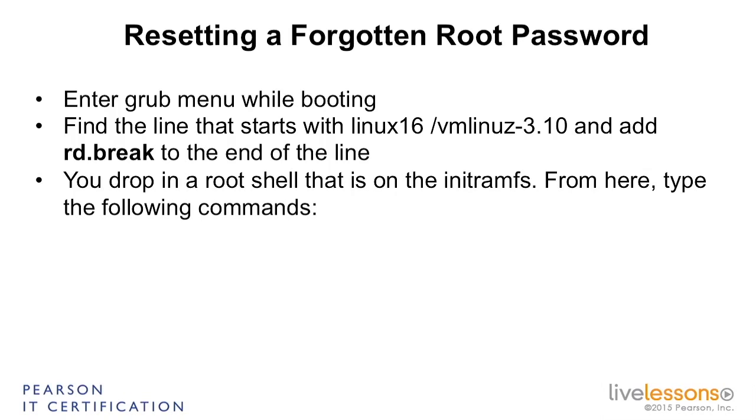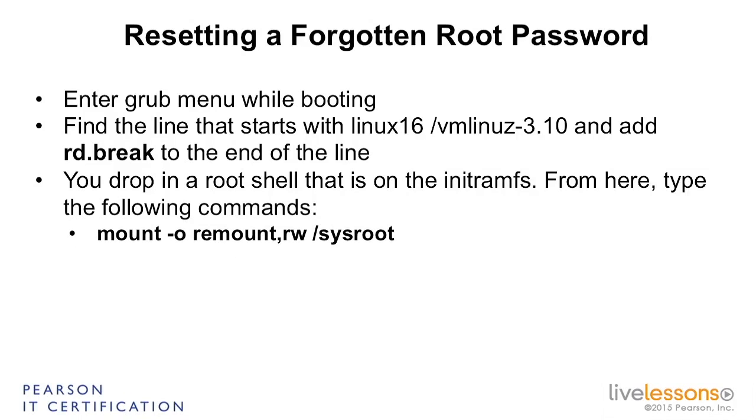Once you have booted with the rd.break option, you drop in a root shell that is on the initramfs. Because the initramfs doesn't have access to your hard drive already, you need to type a couple of commands. First of them is mount -o remount,rw /sysroot.